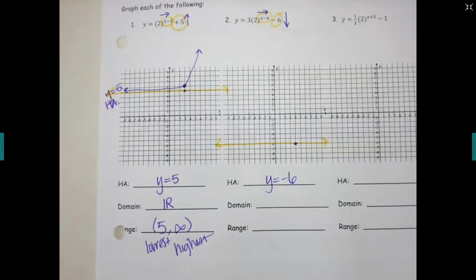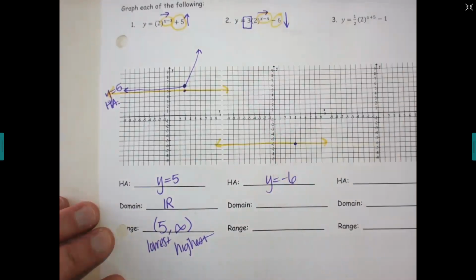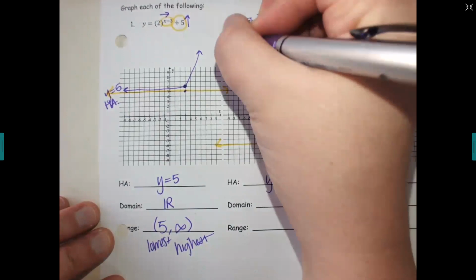Then remember, your starter point is gonna be exactly 1 box above the center, as long as there's no stretch or compression. Does this one have a number in the stretch or compression spot? Yes. See this 3 right here? The number in the front is going to do a vertical stretch or compression.